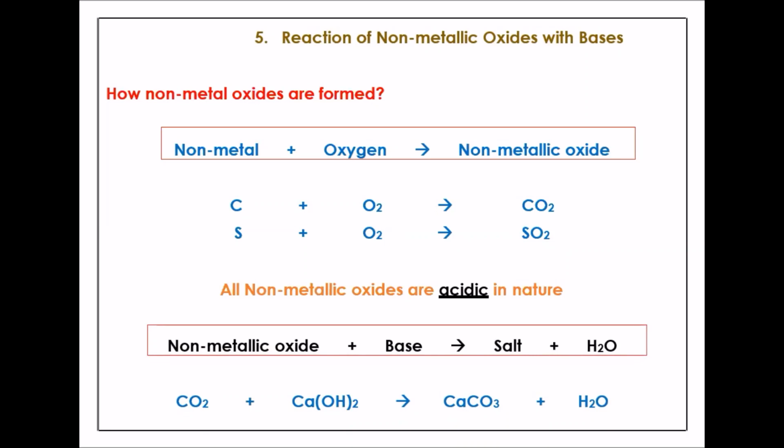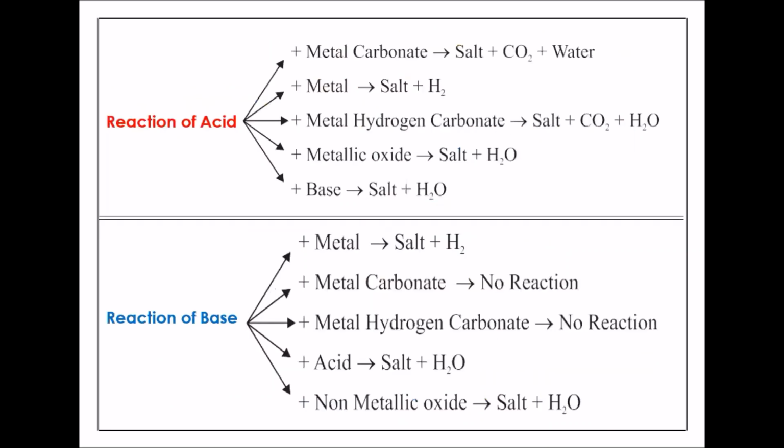So we have completed all chemical properties. Let us have a quick revision regarding the chemical properties of acids and bases. This slide contains all chemical properties in one place, and try to remember all chemical properties through this. First, let us see reactions of acid. Number 1: acid plus metal carbonate gives rise to salt plus carbon dioxide plus water.